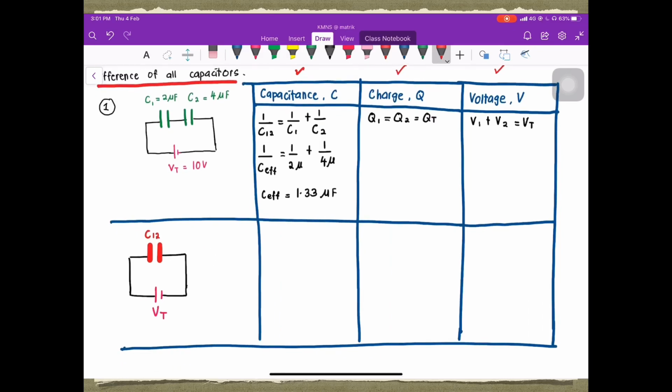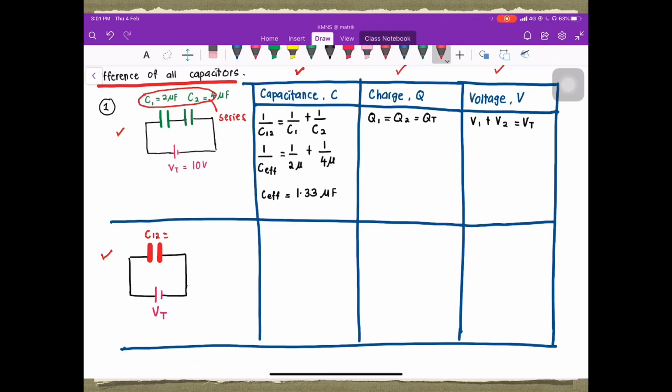Next, we need to calculate capacitance from the complicated circuit. We need to redraw until we get a single capacitor. C1 and C2 are actually a series combination. Combining C1 and C2, we get a new capacitance.